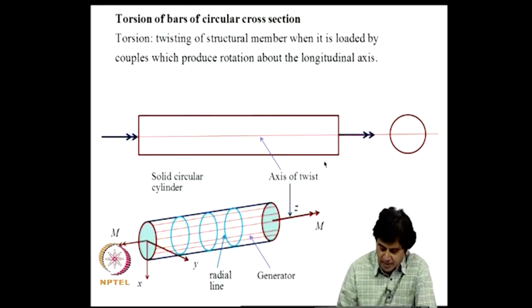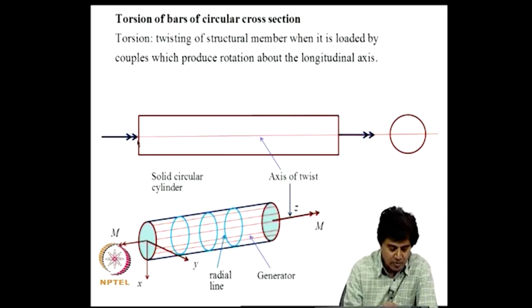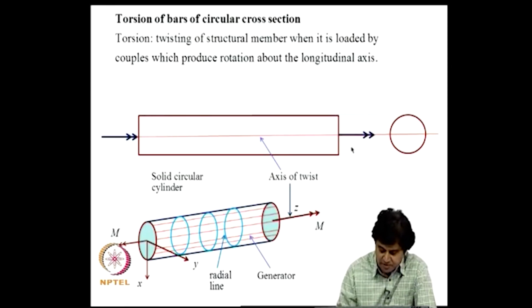So, it is a line element, and the loading is through couples that are acting at the ends shown here, and as a consequence of application of this couple, the member twists. So, what happens due to that?